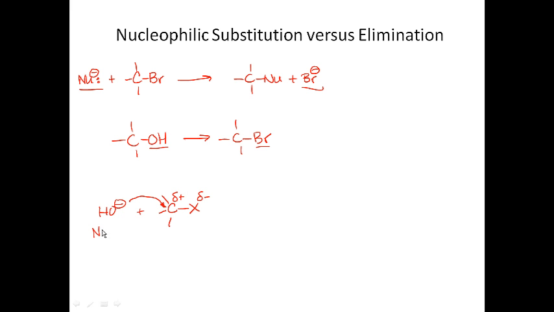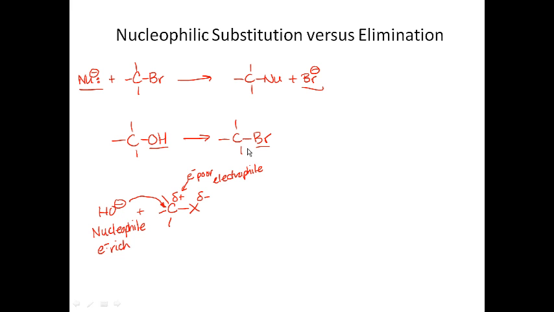So in this case, my nucleophile is my electron-rich species, and that's the hydroxide ion. And then the carbon has a delta positive charge on it, so it's going to be my electron-poor species, which in essence is what I call my electrophile.